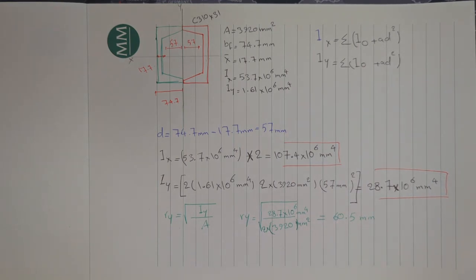And if we want to calculate the polar moment of inertia, let's write it down with a different color. J equals Ix plus Iy. Oh, we've got to see a big number. So let's see.